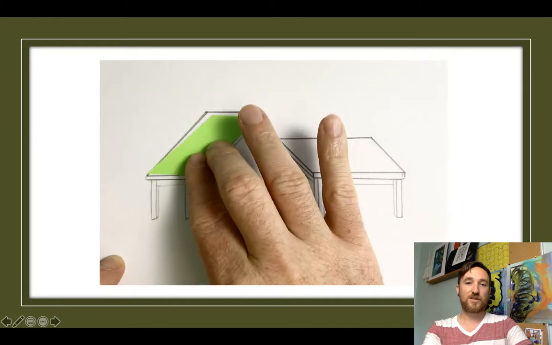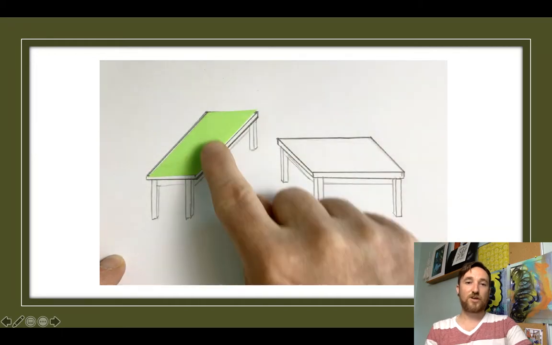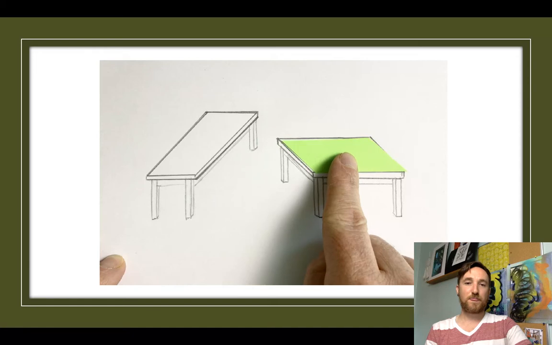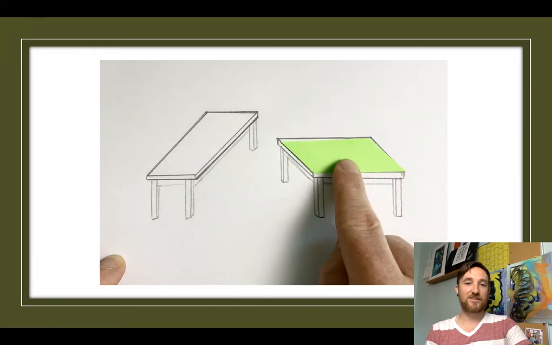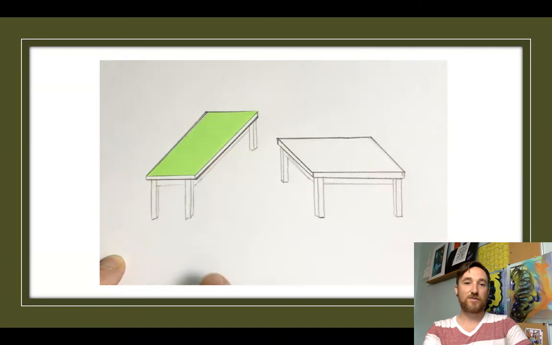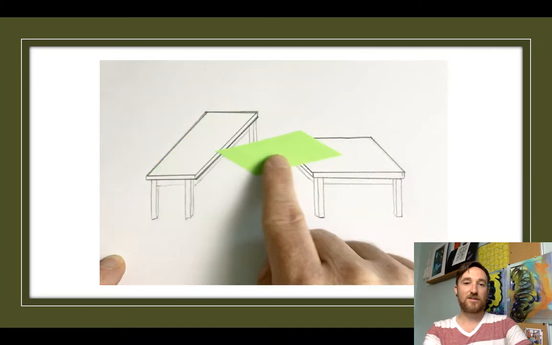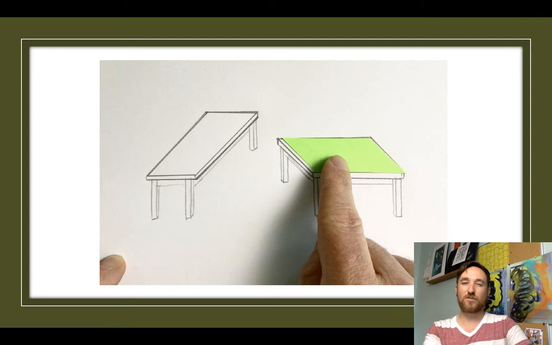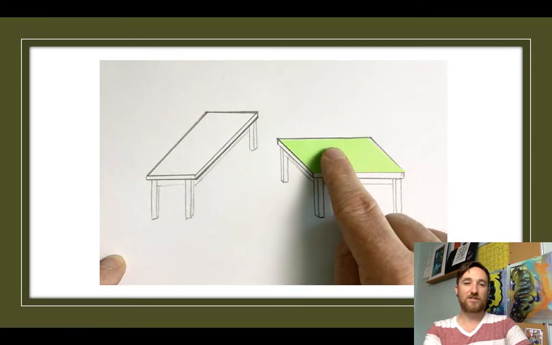So here you'll see it. It's that size, and you move it over, and it's exactly the same size. Going back one more time to show you, this green shape there looks long, thin, and I'm going to move it over here. Oop, it just got wider, fatter, right?